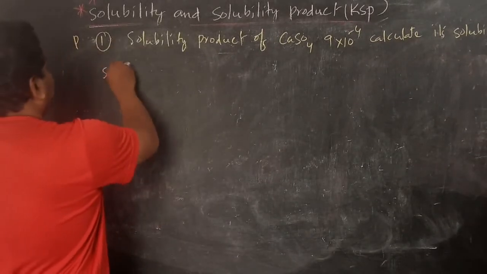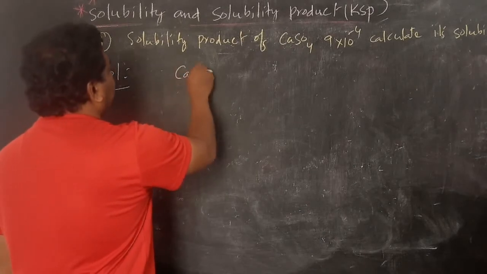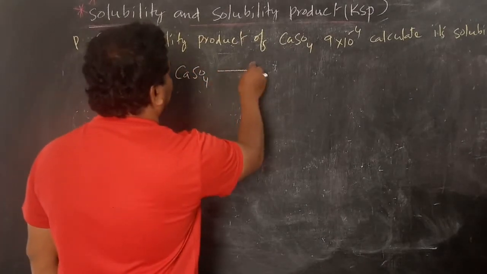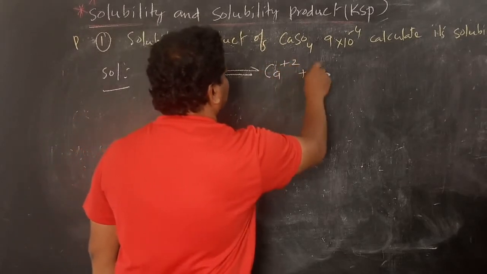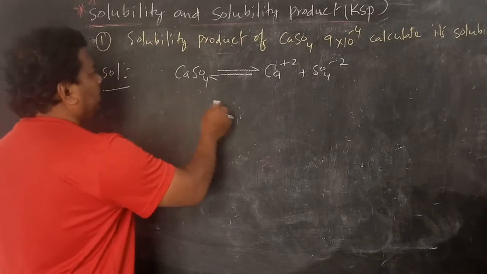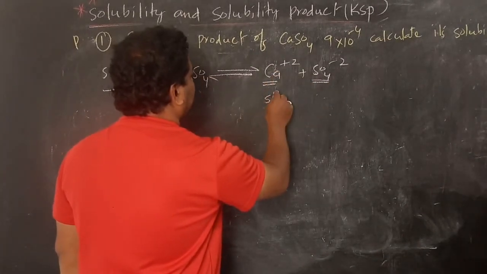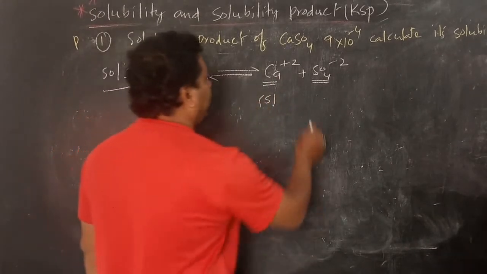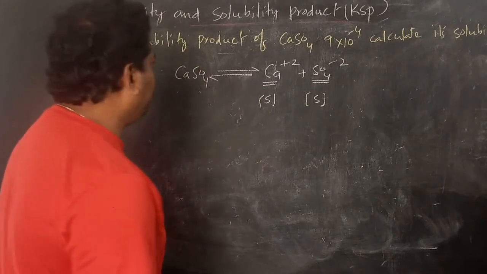So the solution: first of all, calcium sulfate is in equilibrium with Ca plus 2 plus SO4 minus 2. Here the solubility of calcium is S moles per liter and SO4 minus 2 is S moles per liter.